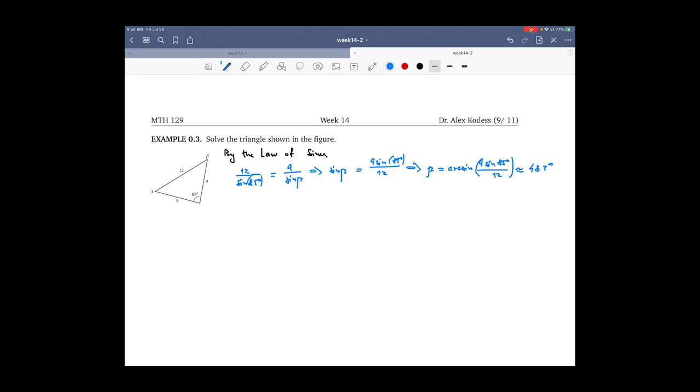And this time there is no ambiguity here, because even if we didn't have the picture, if you try another possible solution, pi minus that, so if beta were 180 minus that, so that's 131.7 degrees, then the third angle, alpha, would be 180 minus beta minus 85 degrees.